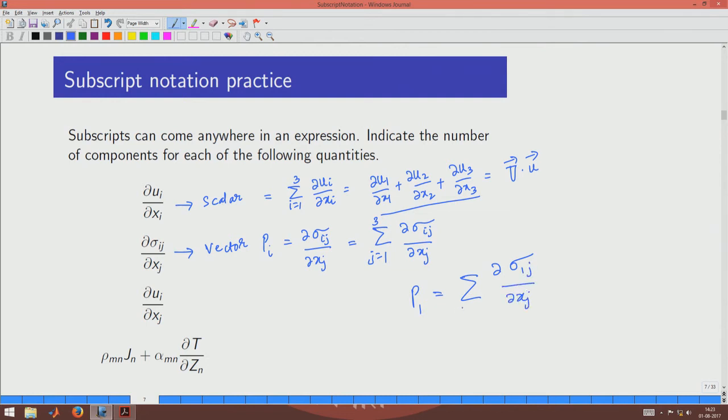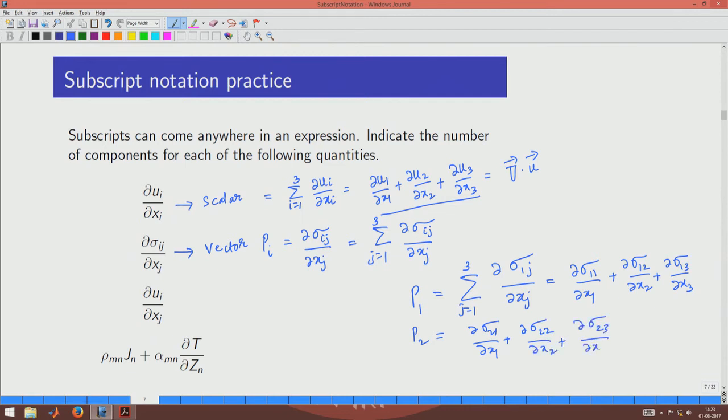This is what is p1, and you could then expand this with the j, and you can get what is that expression. That is nothing but ∂σ11/∂x1 plus ∂σ12/∂x2 plus ∂σ13/∂x3. Similarly, we could write for p2, which will be ∂σ21/∂x1 plus ∂σ22/∂x2 plus ∂σ23/∂x3, and so on for p3.